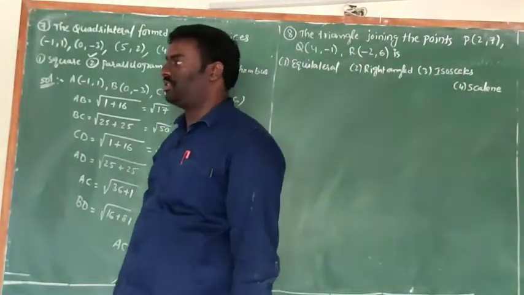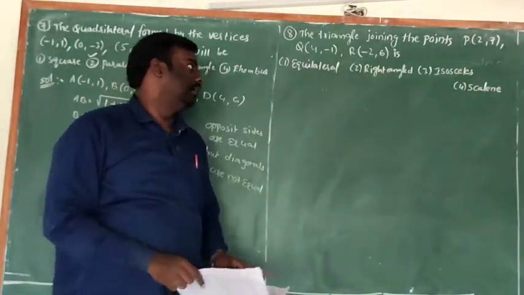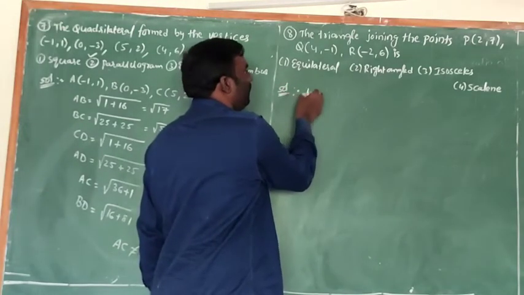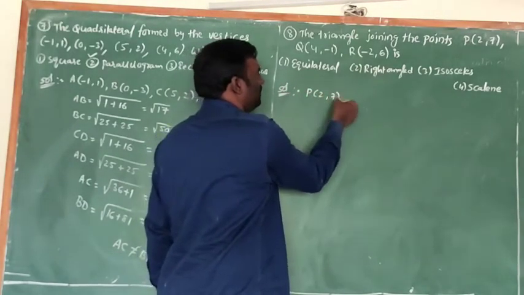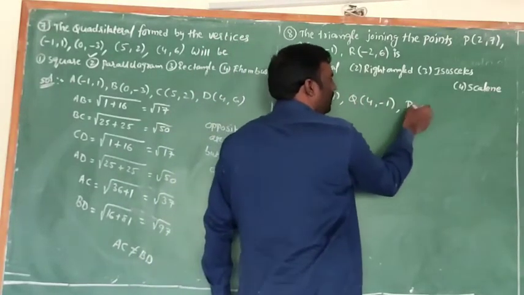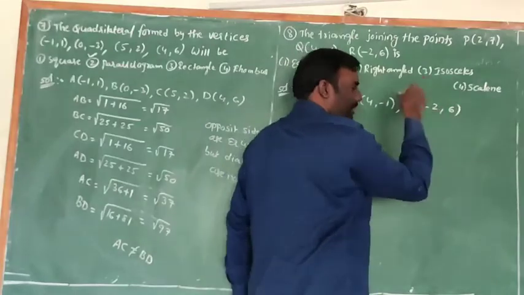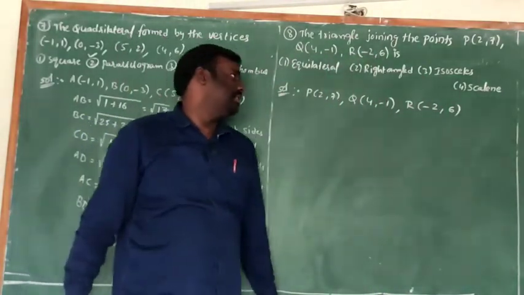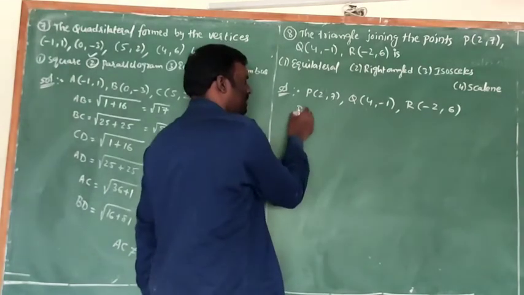We know the properties of triangles. Okay. Solution. P point (2, 7), Q point (4, -1), R point (-2, 6). Here I am finding the distances: PQ distance, QR distance, PR distance.